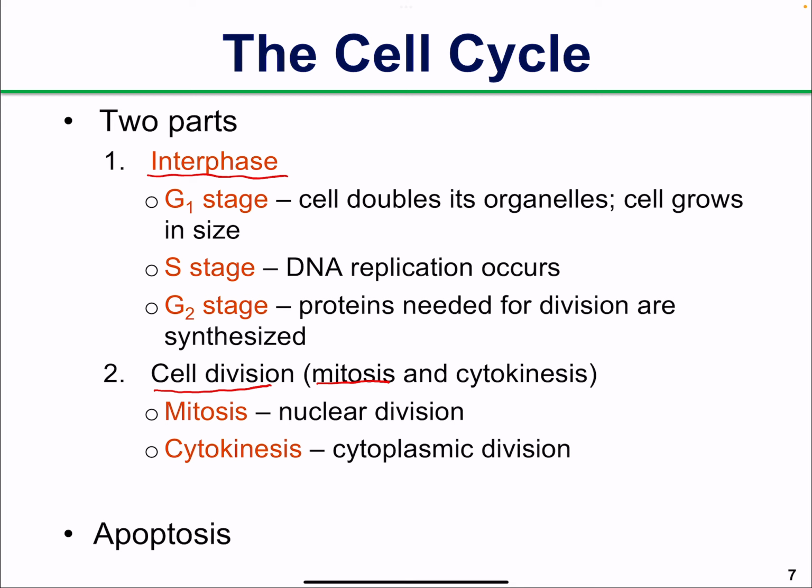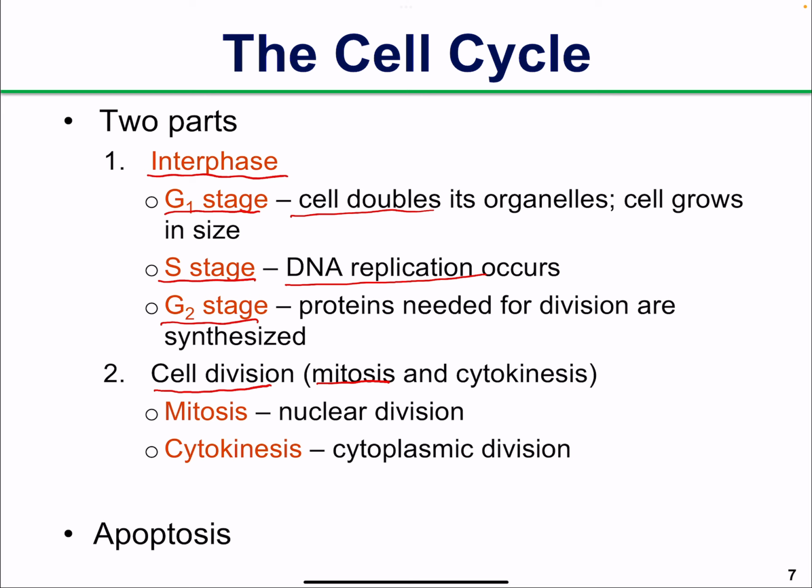Now you know. So going back to interphase, we have the G1 stage, right? The cell doubles its organelles and the cell grows in size, does what it's supposed to do. The S stage, DNA is replicated, right? G2, the cell is going to synthesize all the enzymes and proteins that are necessary to enter the M phase.